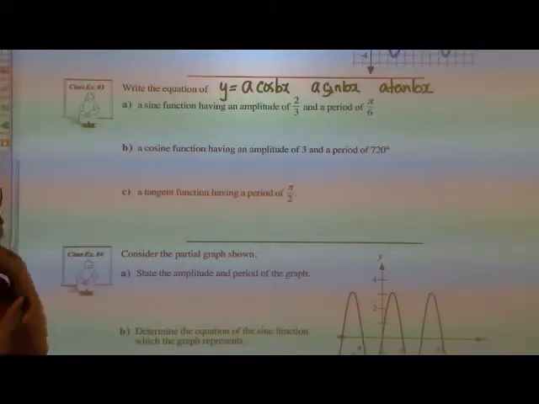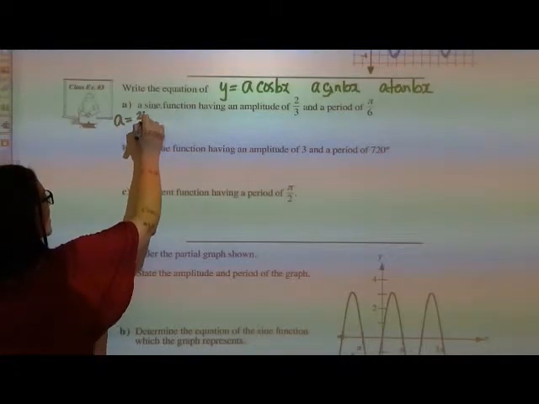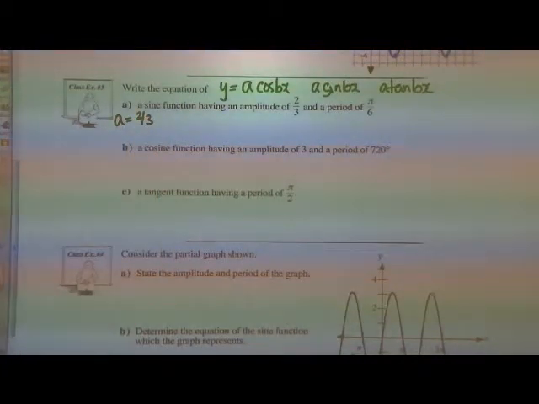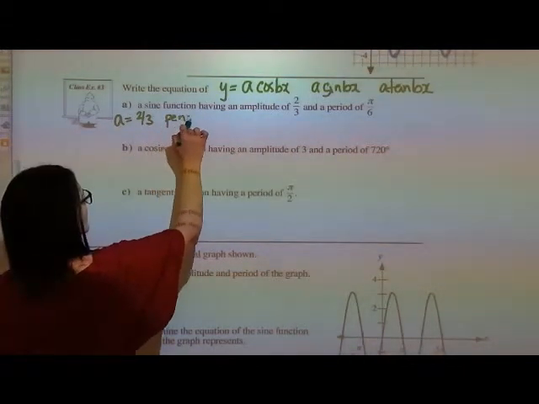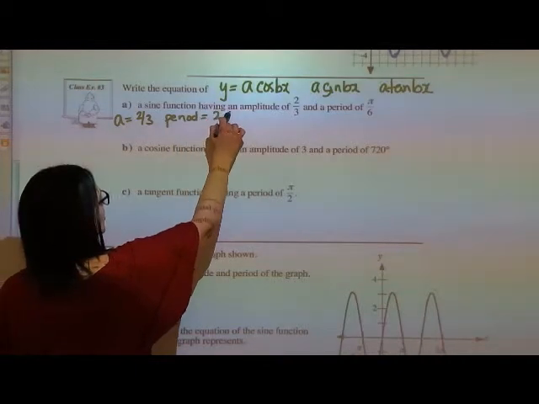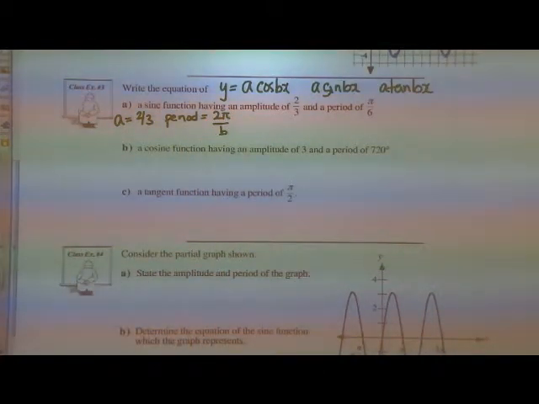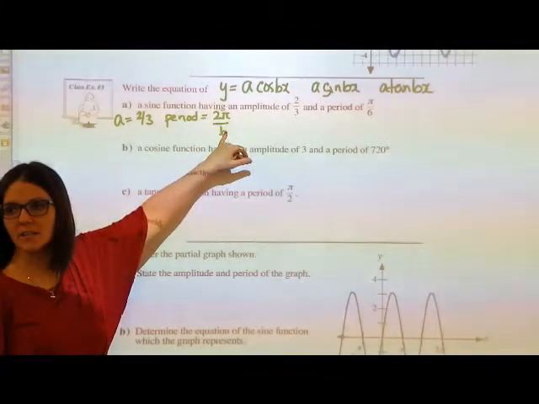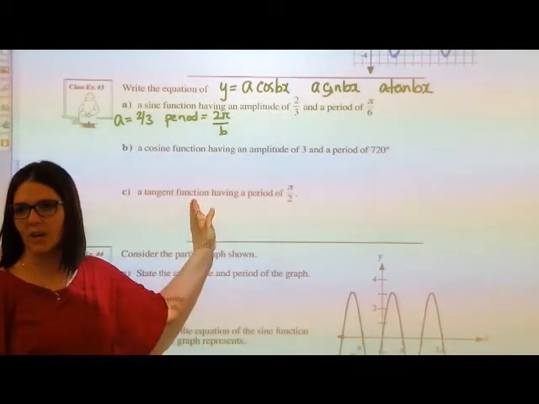So an amplitude of 2/3 becomes my a value. And if you remember on the previous page, the period was equal to 2 pi divided by b. Which means if I wanted to work backwards, if I gave you the period, how would you find out b?